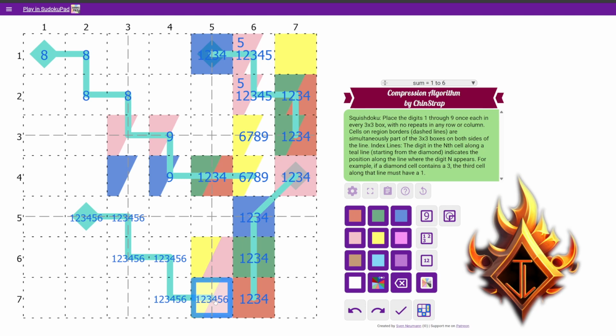We can almost rule that out from being yellow, but not quite, because that could be 6, and that could be 6. But then we have, where does this cell go? Is this the 5 then?